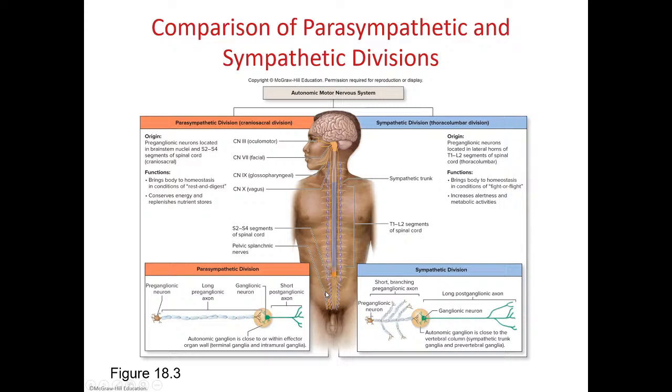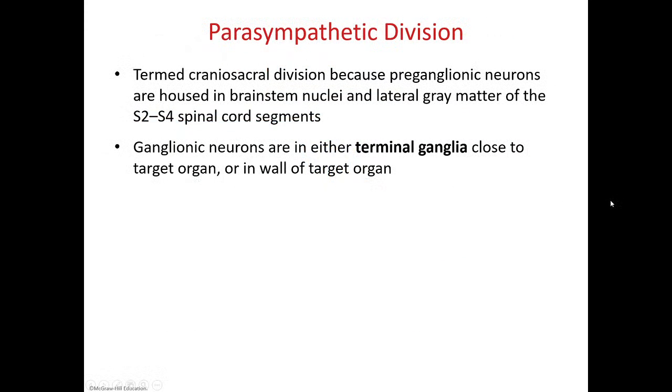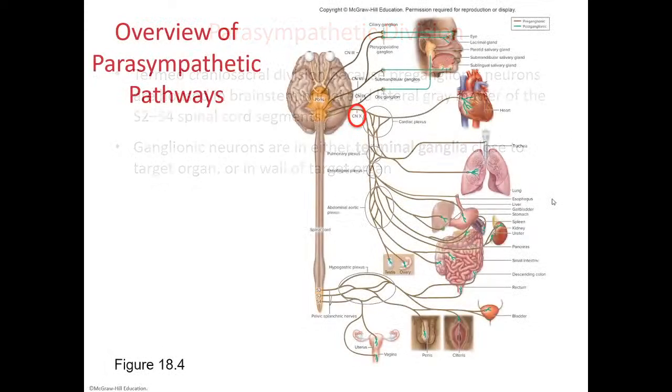Okay, and actually, probably the single most important one is cranial nerve 10, the vagus nerve. The vagus nerve, if you remember from the end of the last lecture, it goes everywhere, and that's part of the parasympathetic division. It goes almost everywhere.